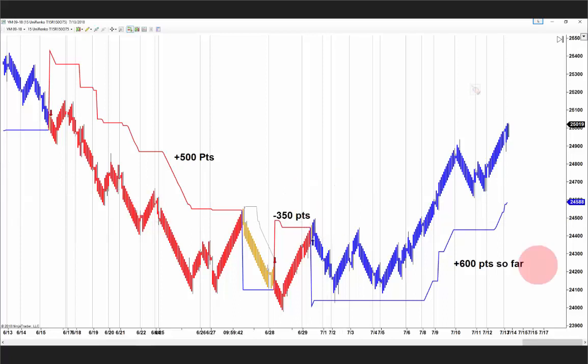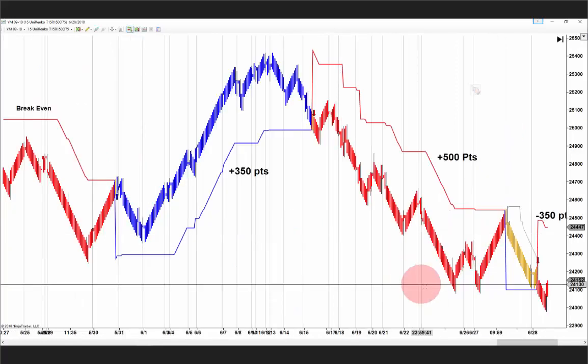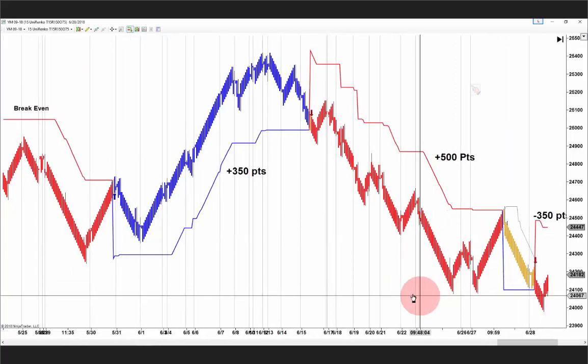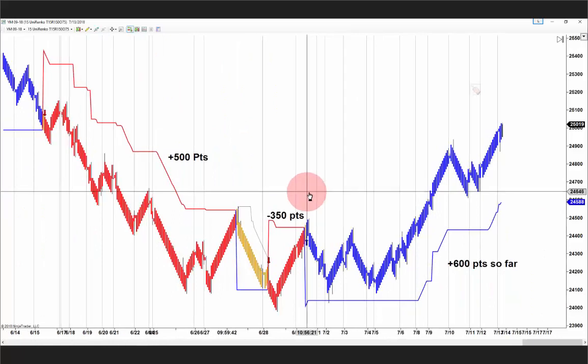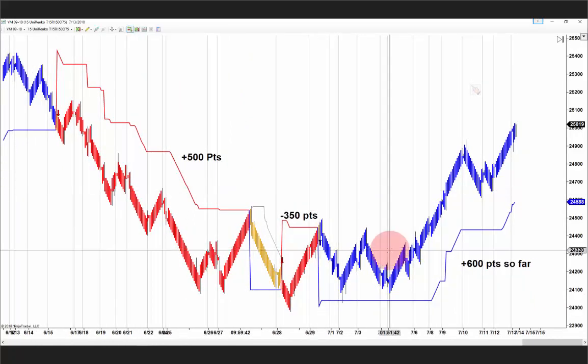So if you added up all these numbers as we were going along, you would have come up with about 7,000 points at $5 a YM tick. That's one contract. Not too bad to pull that out of the markets.